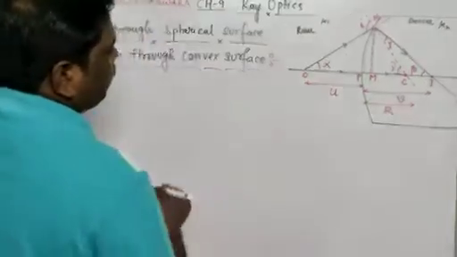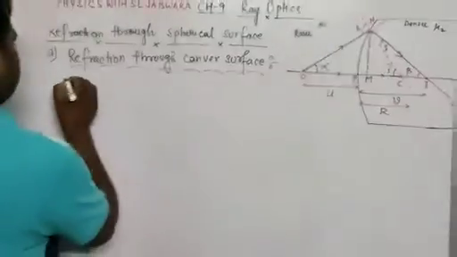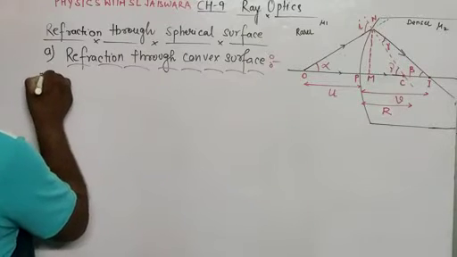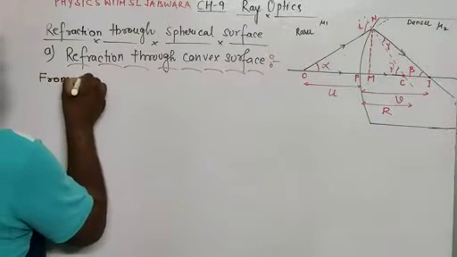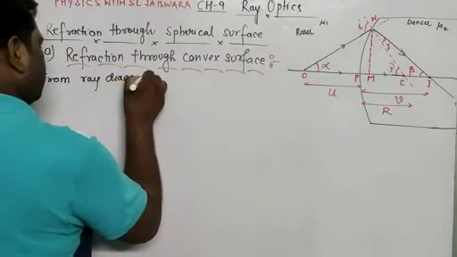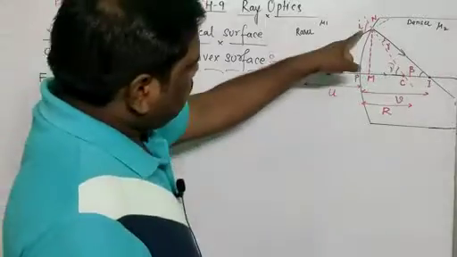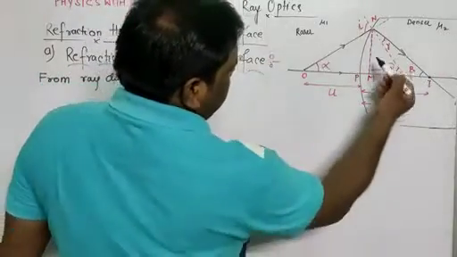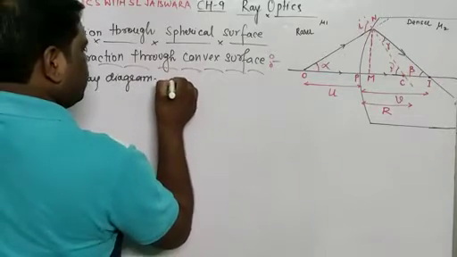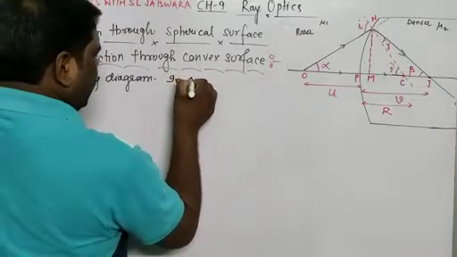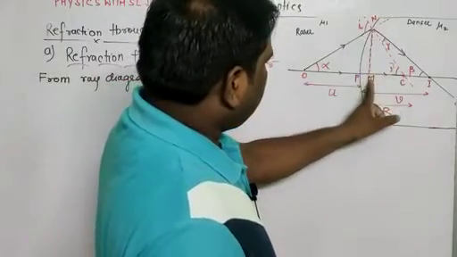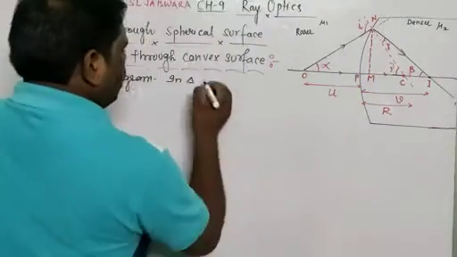Let us see from the ray diagram. Children, see this angle i. Let us consider this triangle. From the ray diagram, write down in right triangle NMO.